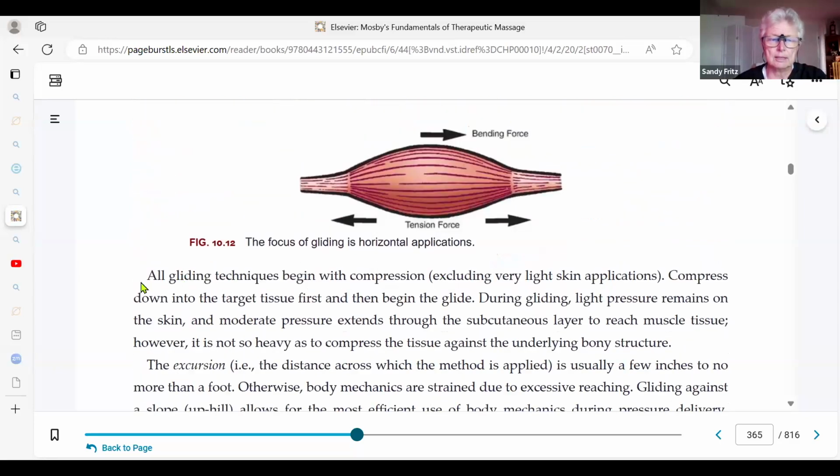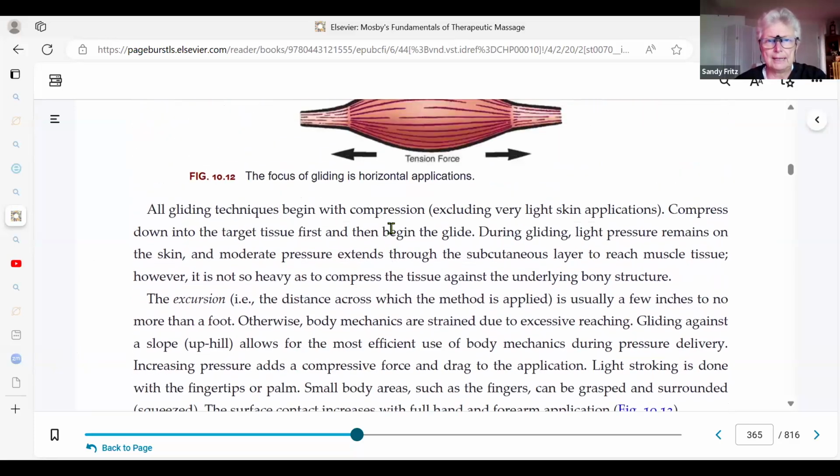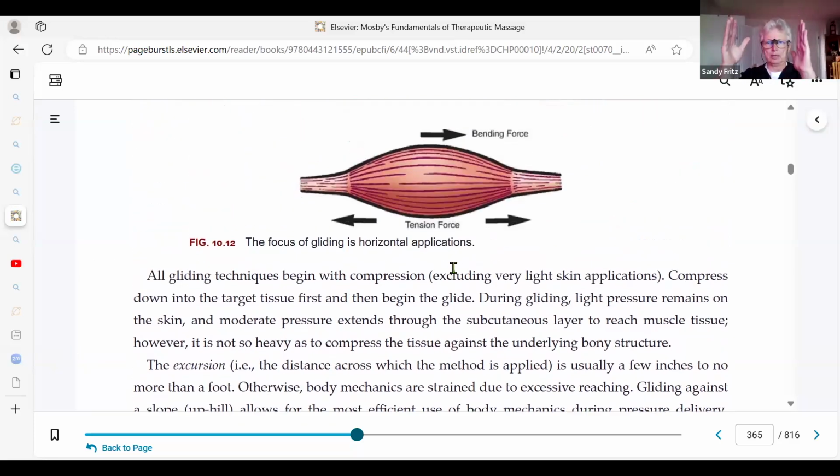So one of the things that you have learned is to go with the grain and across the grain, with the grain and across the grain. It just has to do with the angle you come in at it with. Your excursion with gliding is how long it is. And one of the things that the ergonomic studies showed is that it's very hard on the body to do very long glides.